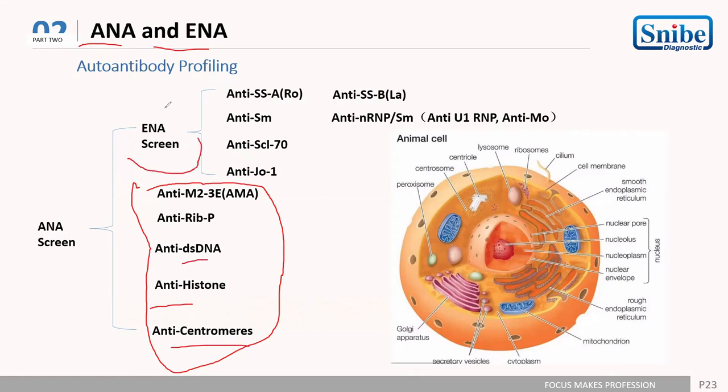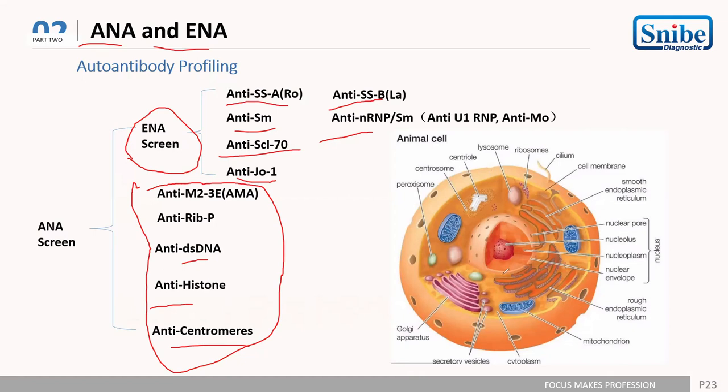The ENA profile or ENA screening test contains anti-SS-A/Ro, anti-Sm, anti-Scl-70, anti-Jo-1, and then anti-SS-B/La, anti-nRNP/Sm. These are also part of the ENA profiles, and you can see that they are used in the ANA and ENA autoantibody profiling systems.